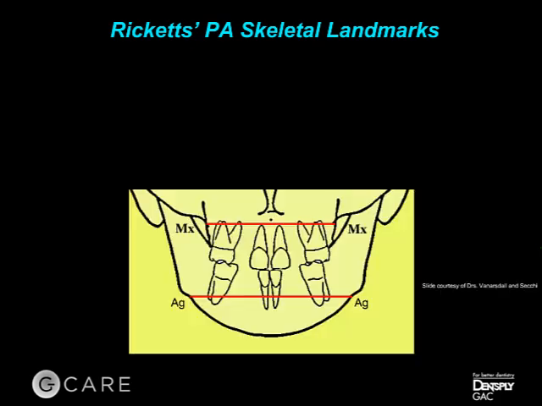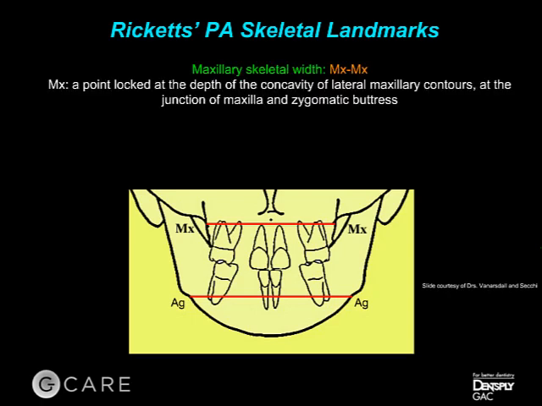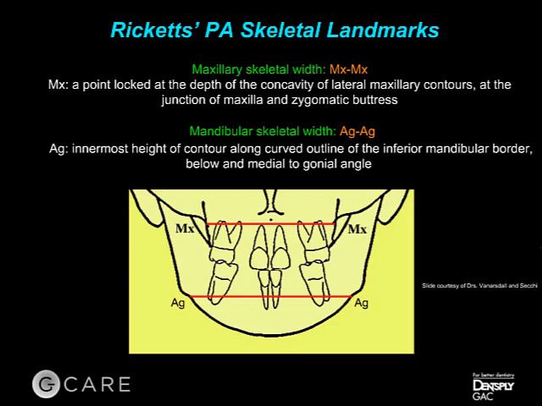So if we start to look at landmarks of what has been done in the past, Ricketts back in the 60s talked about using the frontal ceph to look at skeletal landmarks. For the maxilla, he used MXMX, which was the depth of the concavity. For the mandible, he used AGAG, which is the antegonial notch.